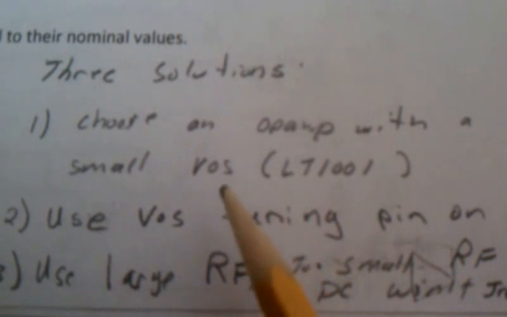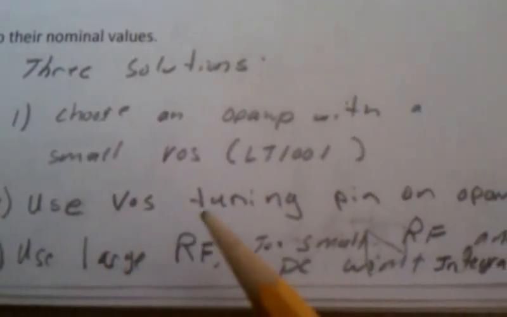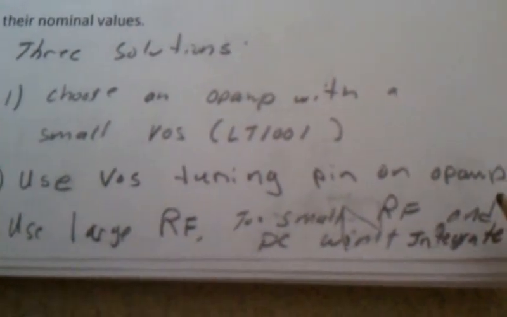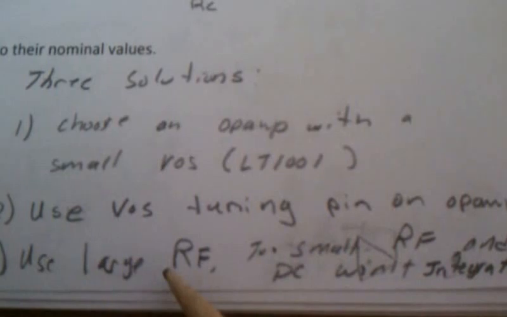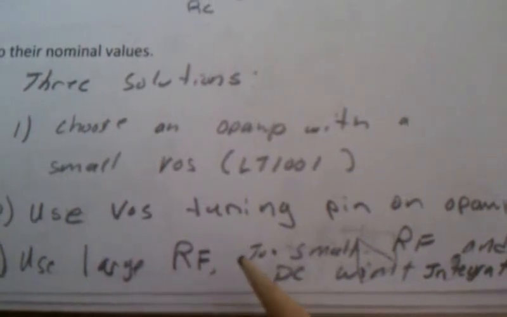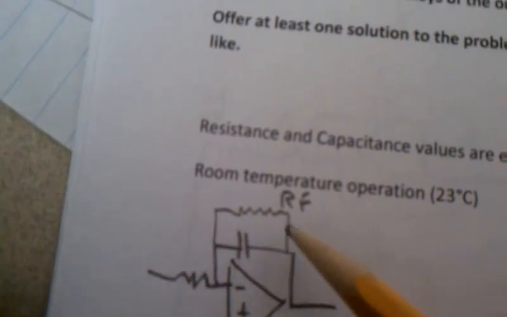So, what are the solutions to this? Well, you can choose an op-amp with a small V offset, like the LT1001, or you can use the V offset tuning pin on an op-amp, which you can read a data sheet to tell you how to do that. Or you can use a large feedback resistor, such like that.